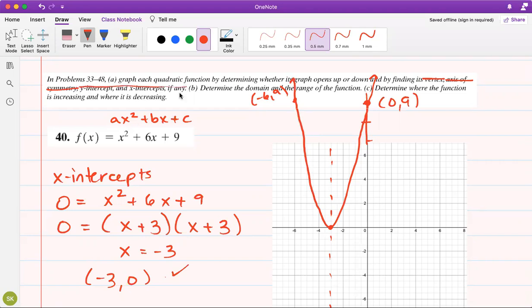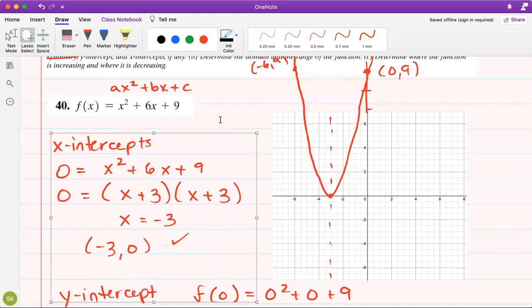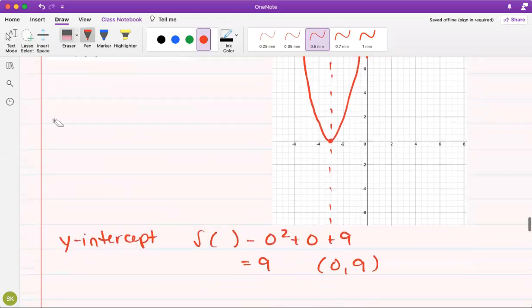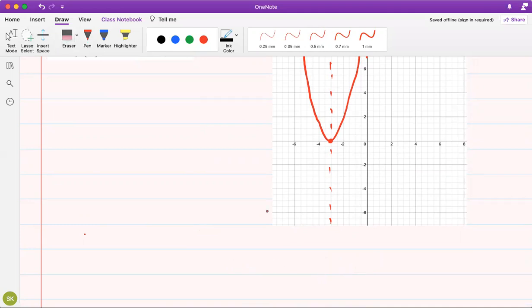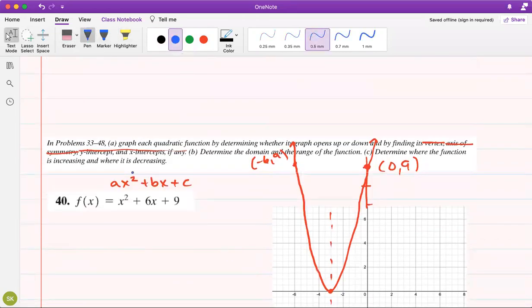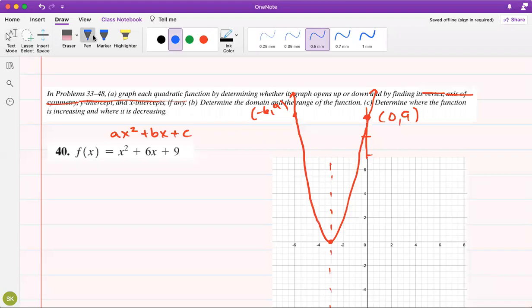Now let's figure out the domain and the range. You can look at the function to figure out the domain and the range, or you can look at the graph. Because for a quadratic, there are no fractions, there are no square roots.